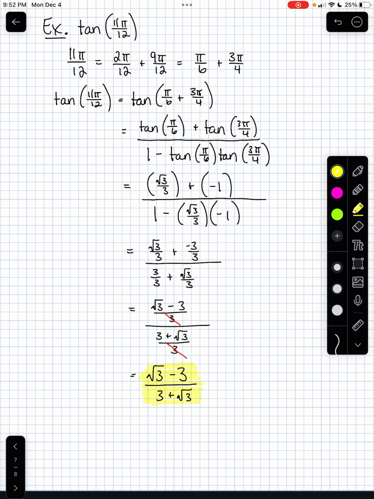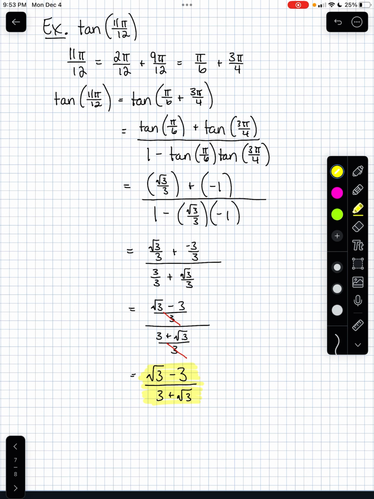We will not be covering them here, but there are things called double angle formulas. There are formulas known as half angle formulas. And there are formulas known as product to sum formulas, and sum to product formulas.